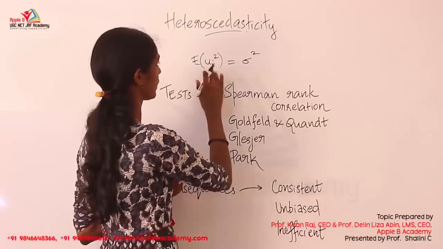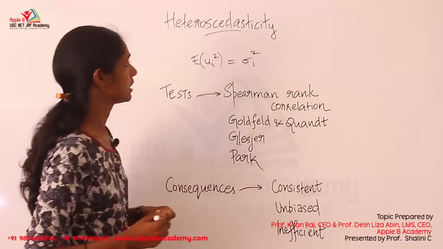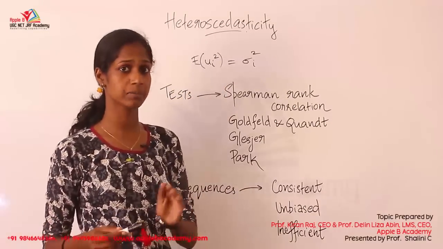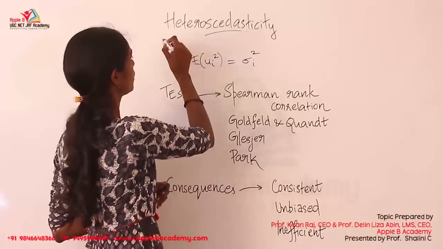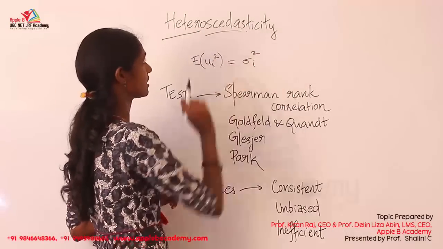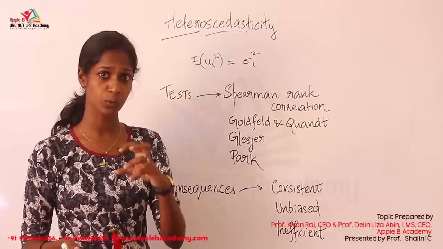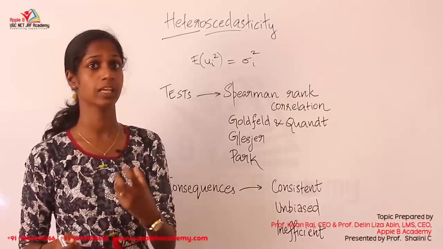The expectation of ui square will not be sigma square, but instead it will be sigma i square. So expectation of ui square equal to sigma i square is the symbolic representation of the condition of heteroscedasticity, where hetero means different and scedasticity is the spread. Unlike homoscedasticity, which is uniform or equal spread, heteroscedasticity is different or unequal spread.